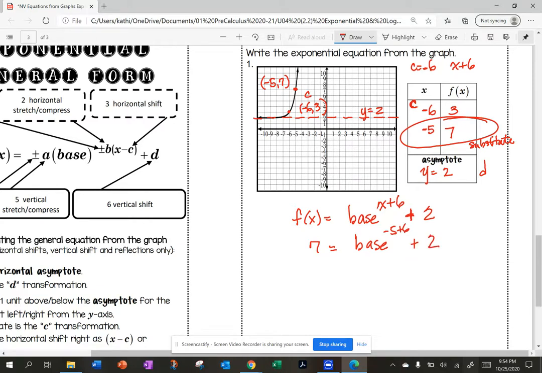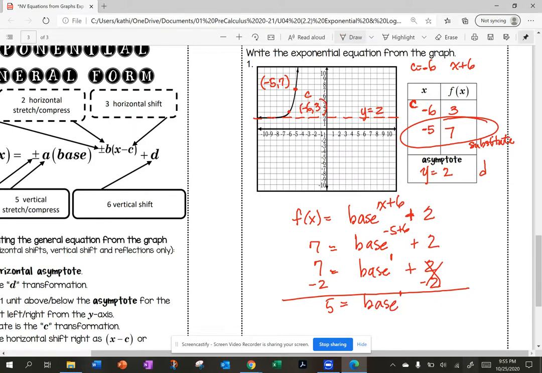So now I'm going to simplify, and I have 7 equals the base to the first power plus 2. I'm going to subtract 2 from both sides, and I get 5. That 5 is equal to the base to the first power.